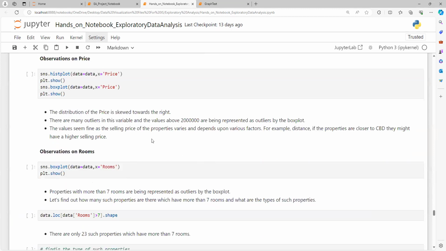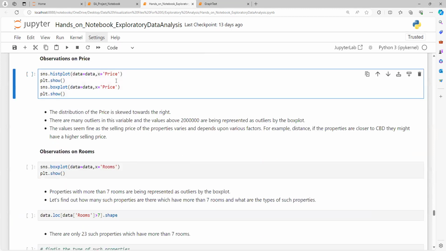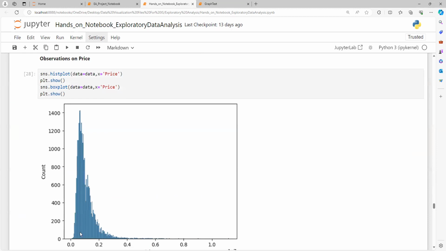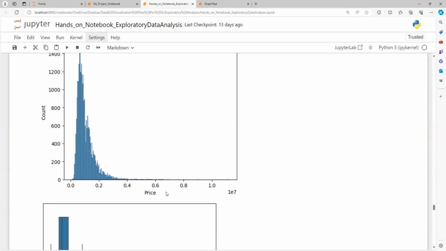All right, so let's talk about price. Price is always one to look at. Notice I put in price, and it did price. Now, this is the key thing: 1E7. What does that mean? Well, that's a 1 followed by 7 zeros. So that's 10 million. Remember, this is a calculator. So this right here is at 10 million.